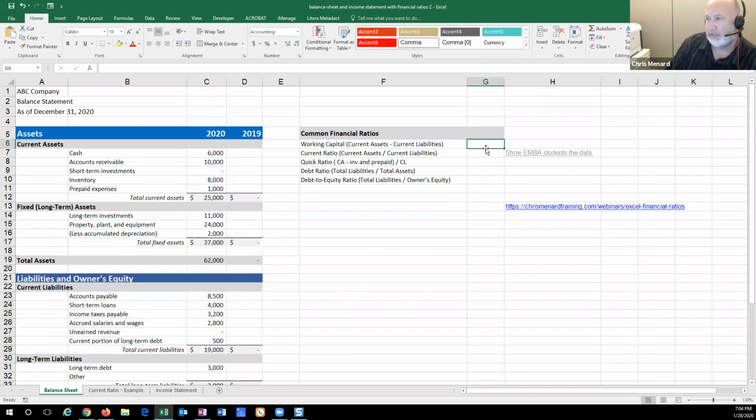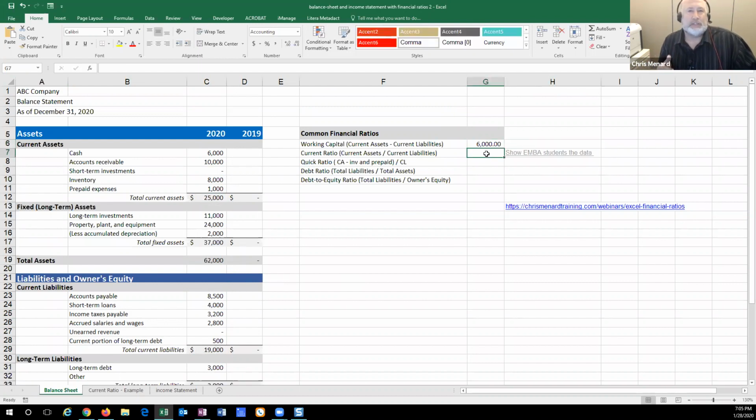So that's just going to be simply equals our current assets minus total current liabilities. To be honest with you, hopefully this is always a positive number. If it's a negative number, you don't have the money to cover your current liabilities, and therefore I got $6,000.